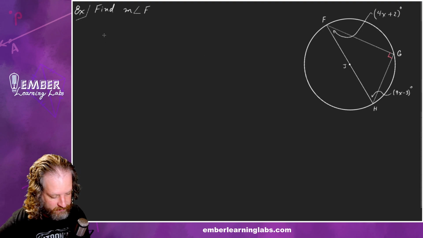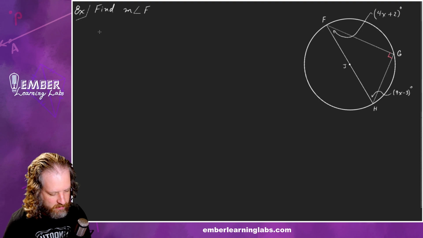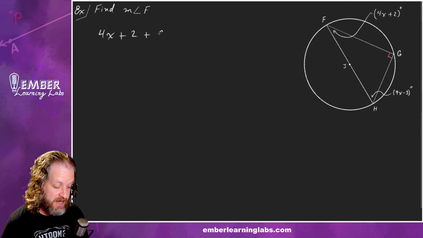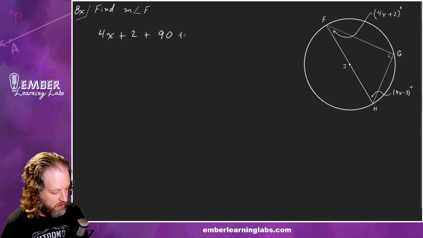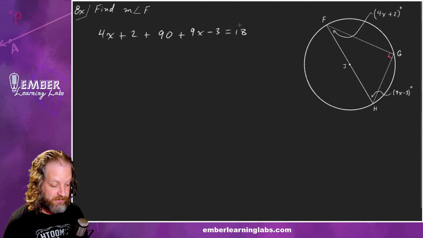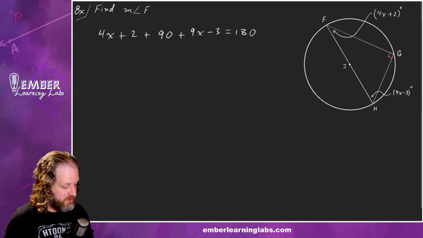So angle F, so 4, I don't want to do that. I want to do 4x plus 2, that's all of angle F, plus angle G, which is 90, plus angle H, which is 9x minus 3. All that equals 180. Now we can solve that.